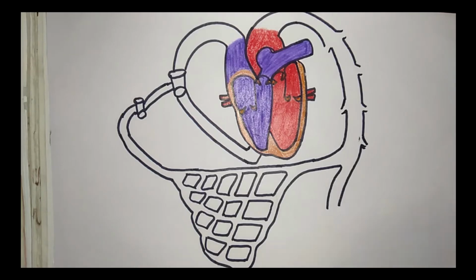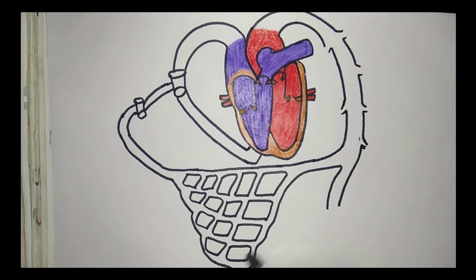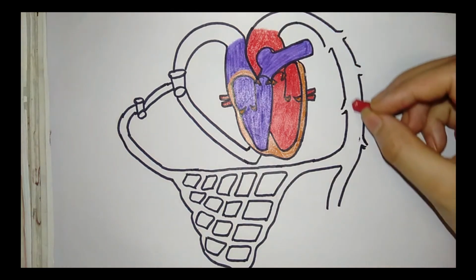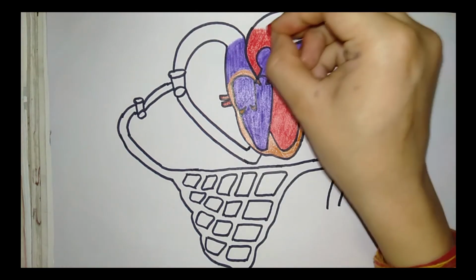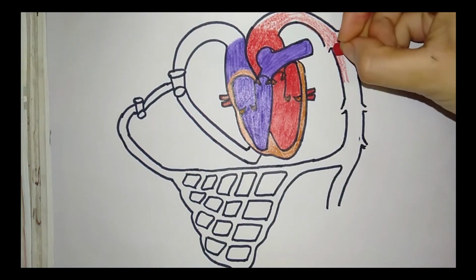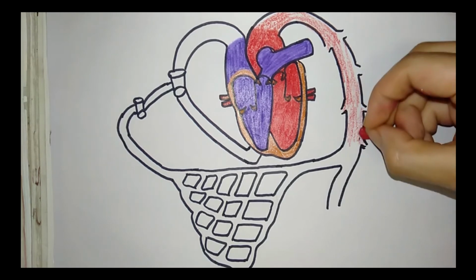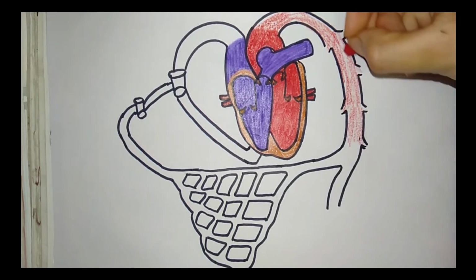Now let's talk about the systemic circulation. The aorta is divided into its different branches, which is also known as the systemic arterial tree. At first, the aorta is divided into the large arteries, and this part is also known as the large systemic arteries, up to here.